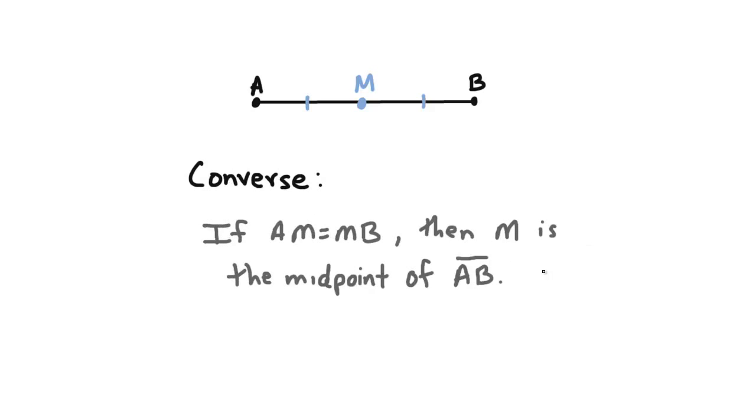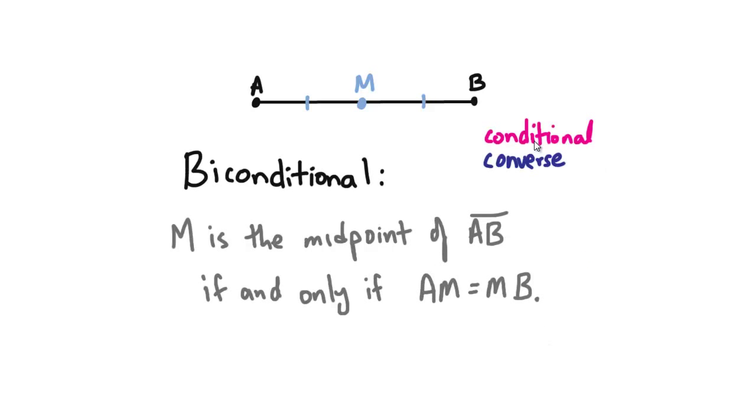Now let's check to see if you got the right answer. If you wrote out for the converse, if AM is equal to MB, then M is the midpoint of segment AB, then you got it right. Okay, so since we know that the conditional is true and its converse is also true, we can combine both statements into one statement called the biconditional.